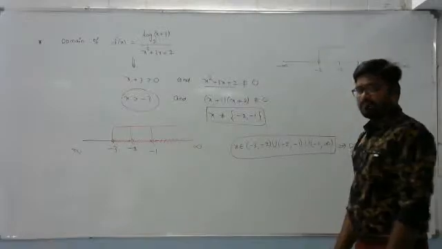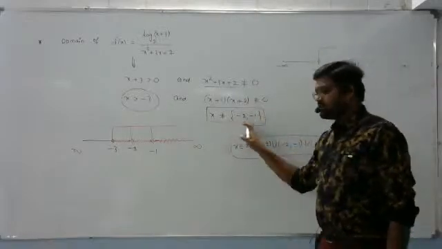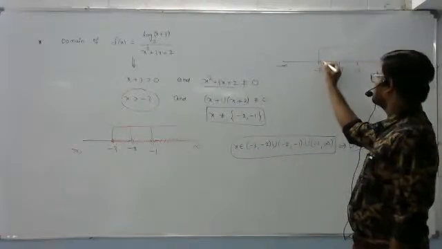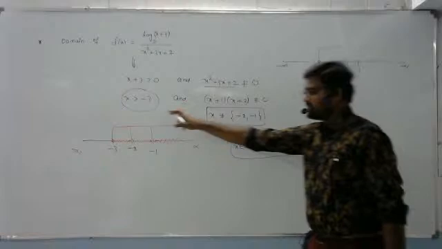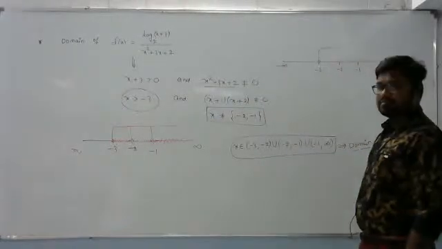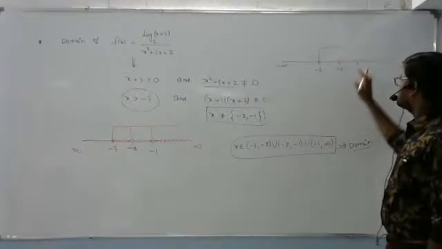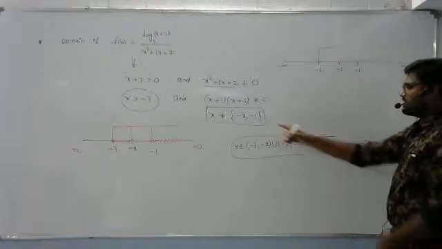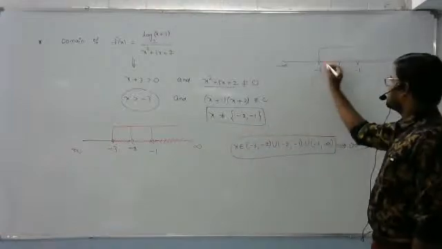This total region. But x cannot be equal to minus 2 and minus 1. So I can take all these values actually. All the values of x greater than minus 3. But in between minus 2 is there, so I should put bubble over there. Dinkar, are you listening? And similarly at minus 1, I should put bubble because x should not be equal to minus 1.